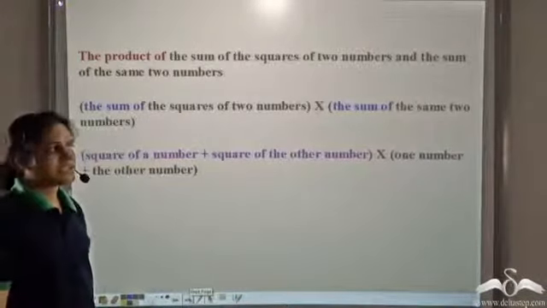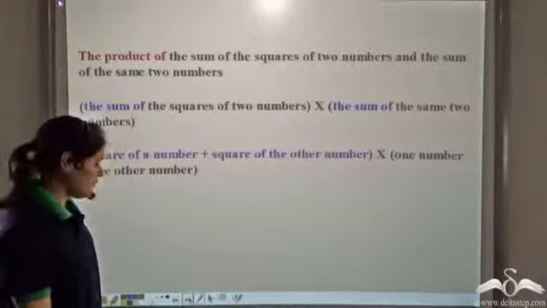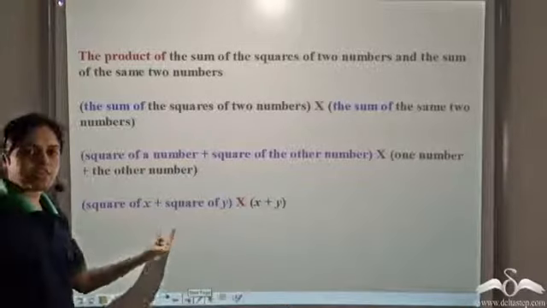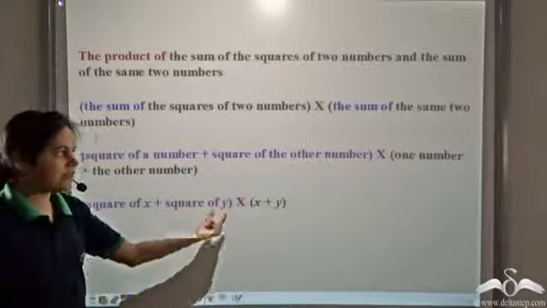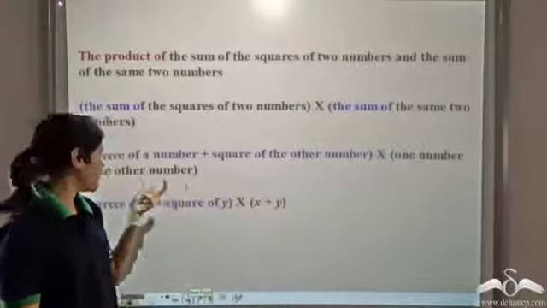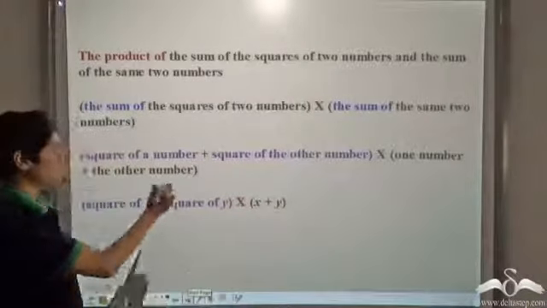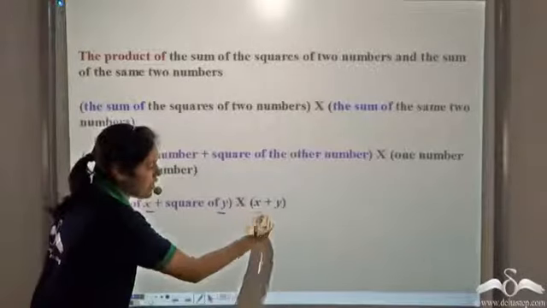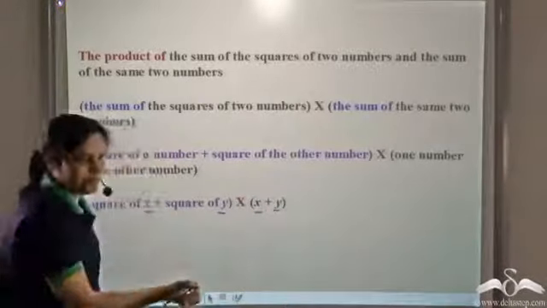Now let us take the numbers to be x and y. So we have the square of x, the square of y. One number is x, the other number is y.